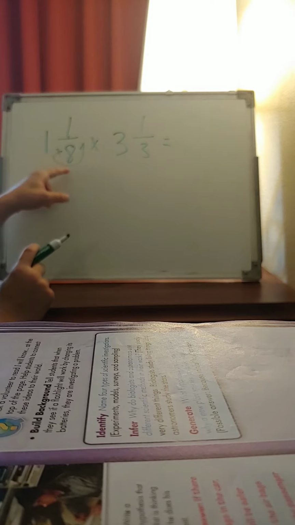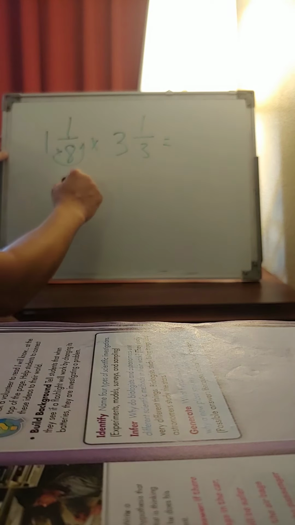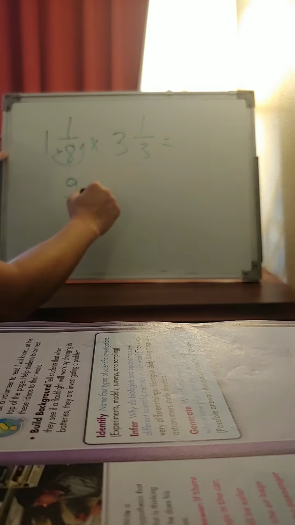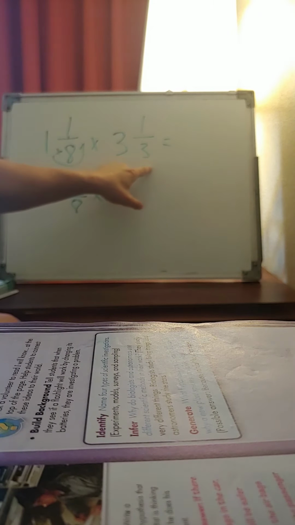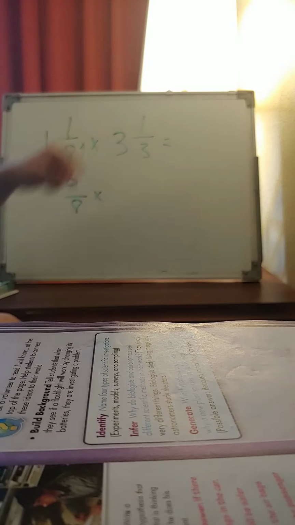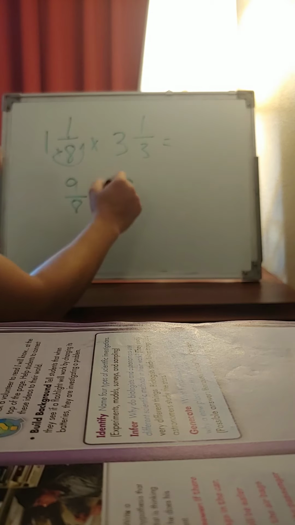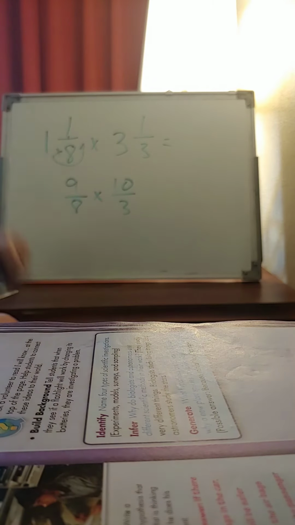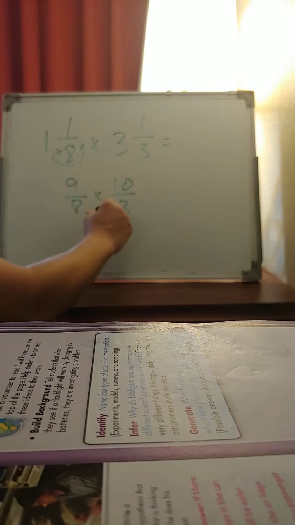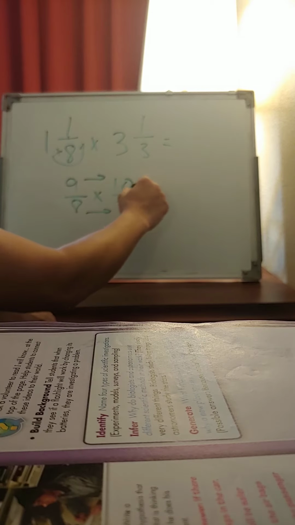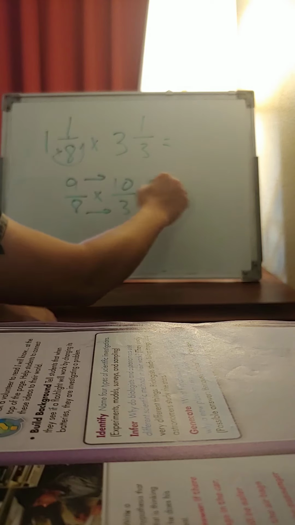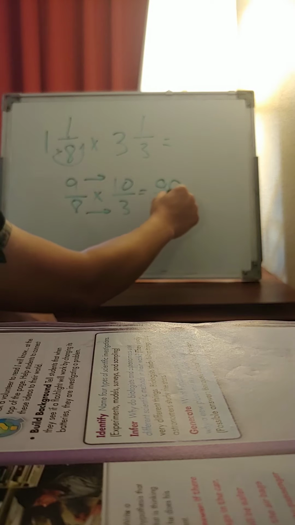Okay, 1 times 8 plus 1. We end up with 9/8 times 3 times 3 is 9 plus 1 is 10. Again, denominator stays the same. Now we're ready to multiply. Okay. We end up with 90 over 24.